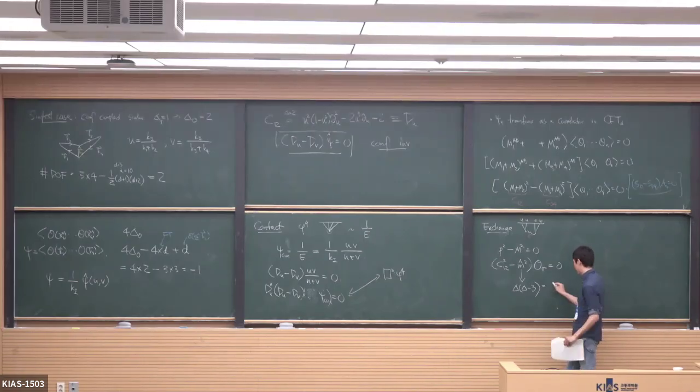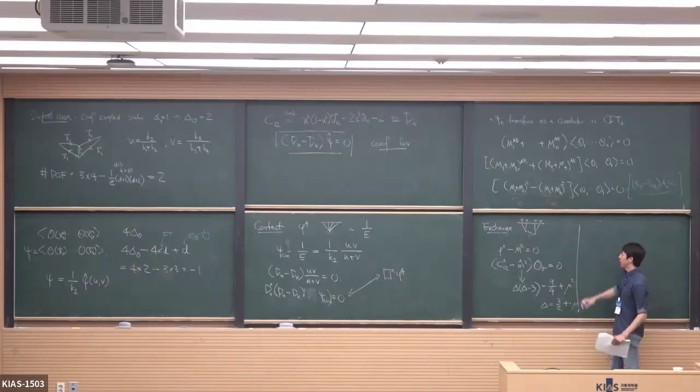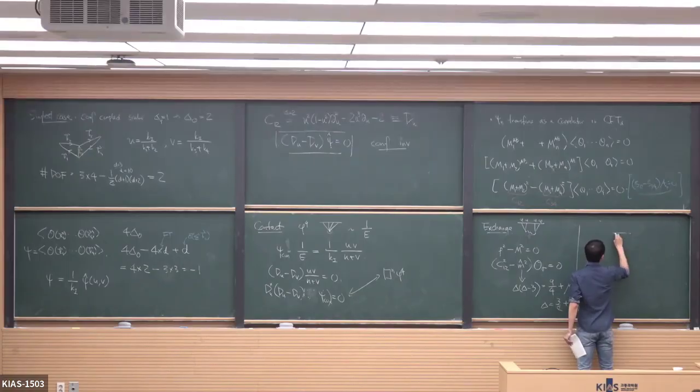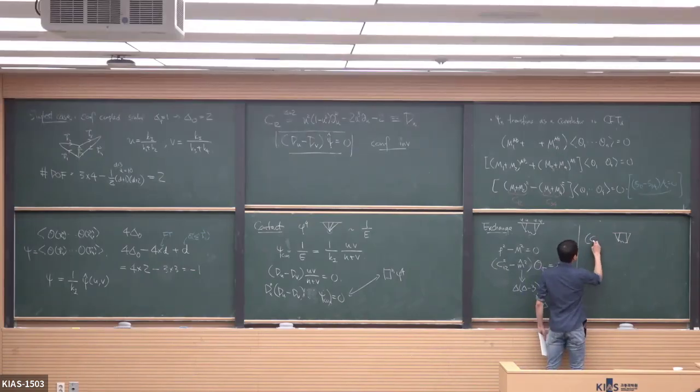This is given by 9/4 plus mu squared, where I'm writing delta as 3/2 plus i mu. Using this, we find that the exchange correlator must satisfy the following equation.